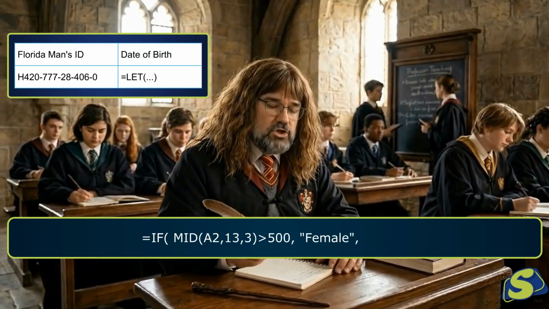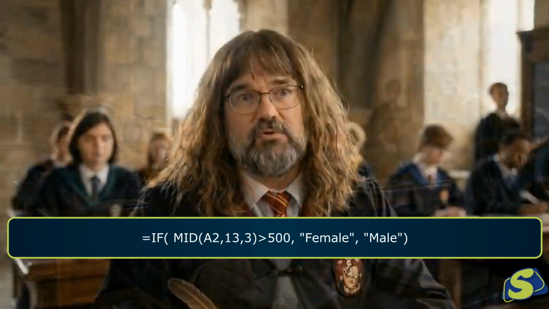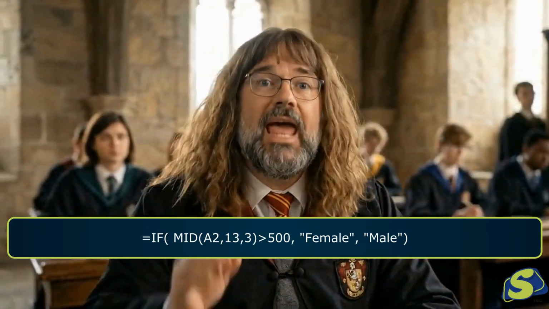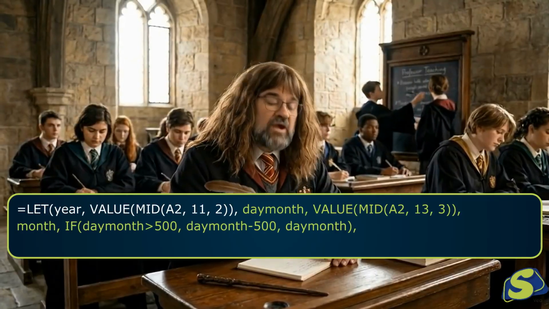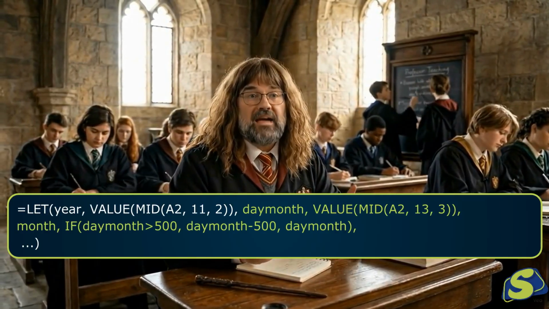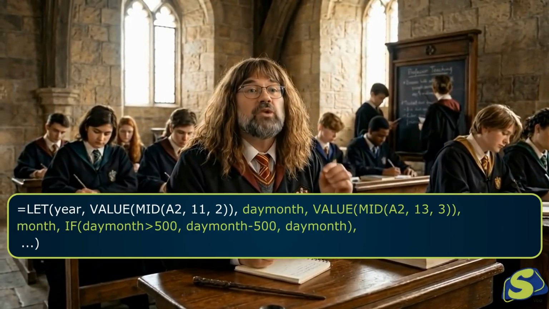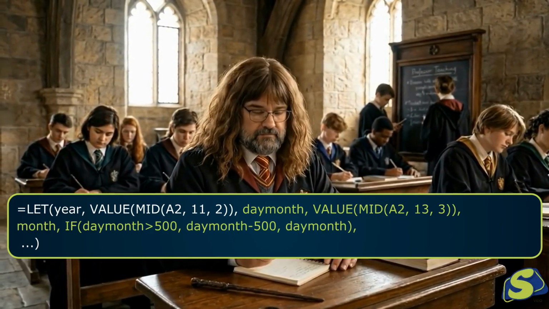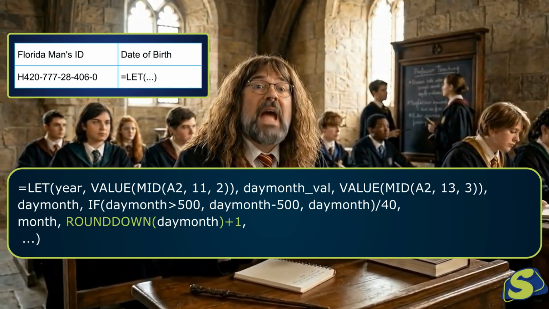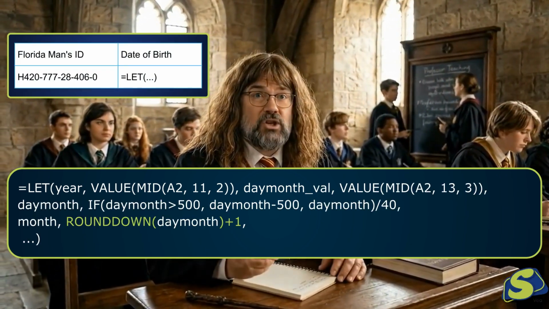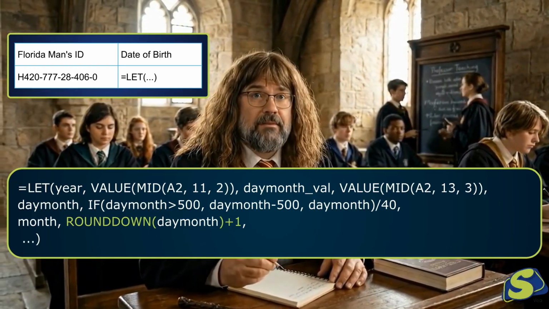I use the IF function to check if the number is greater than 500, means female assigned at birth, and in that case, reduce it by 500. But I create another variable for that number so I don't have to repeat the whole thing 3 times. I divide the result by 40 and round down with the ROUNDDOWN function. That's the birth month.